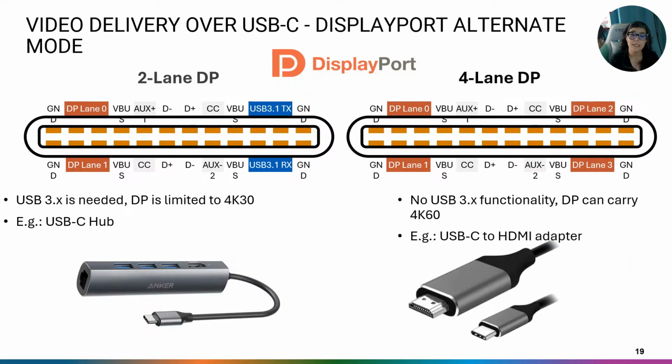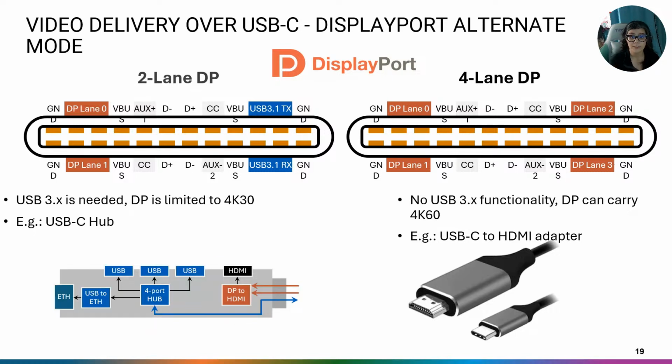However, by going into that 4-lane DisplayPort alternate mode, you lose the capability to do USB 3.x transmission. So you have to choose between doing data transfer at that super speed rate, and then your video quality is going to be limited to 4K 30. Or you can go ahead and use the 4-lane mode and get that 4K 60.